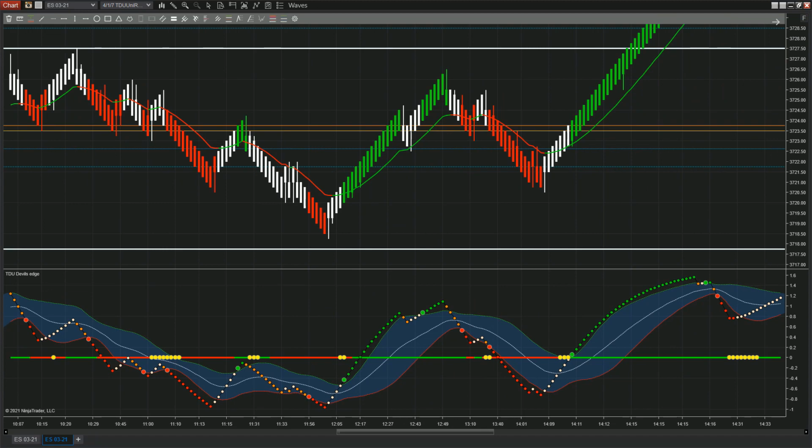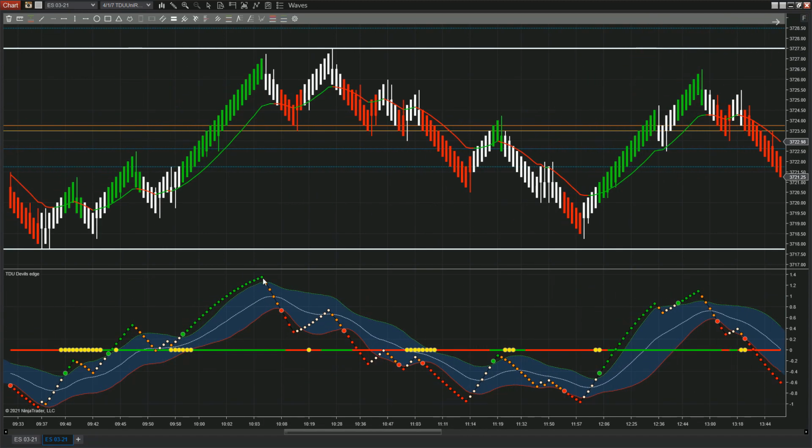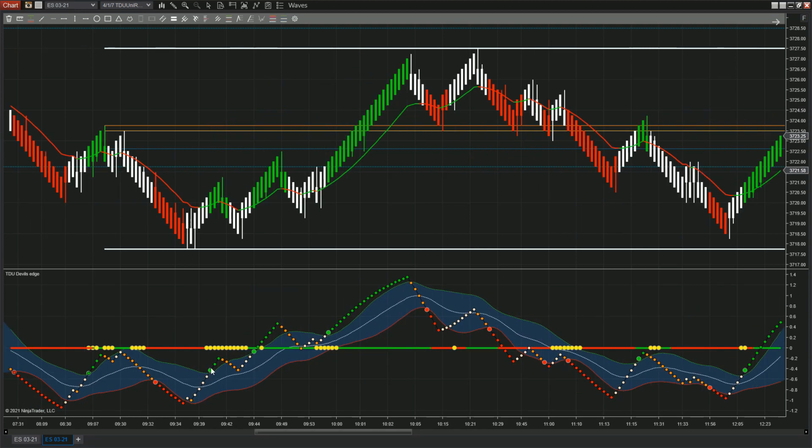Now, in addition here, we've got a few other things to bring to your attention. You'll note that whenever we go outside of the Bollinger Bands, we get a larger dot to emphasize that this is happening technically. So you see it here coming outside on the downside, and then here coming outside the upper band, we get a larger dot to emphasize the potential for a trending period to be in place, as the strength of the market is pushing outside of the Bollinger Bands.